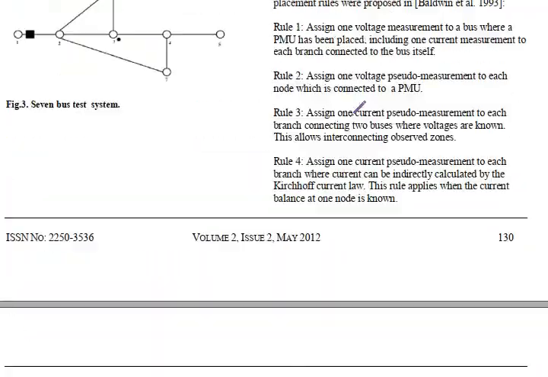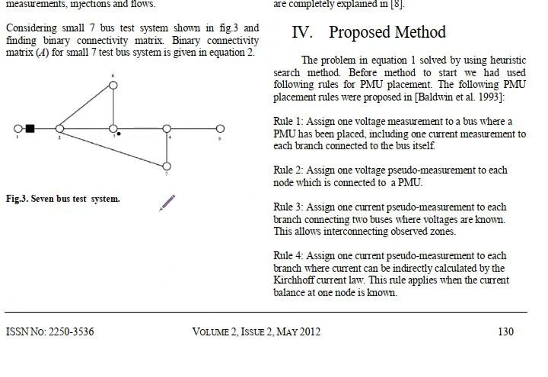In this case, our example is this 7 bus system. You can see the 7 bus system here, and this is its connectivity matrix. You can see that bus number 2 is connected to buses 1, 6, 3 and 7.